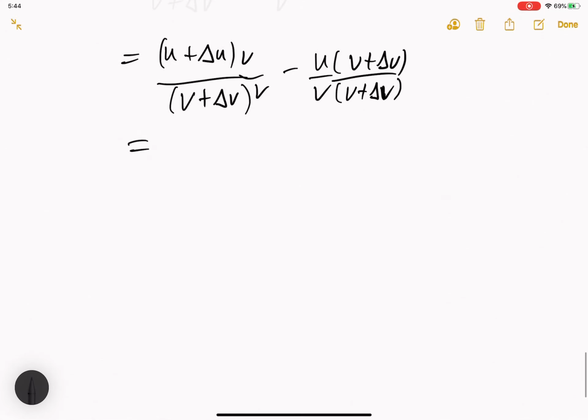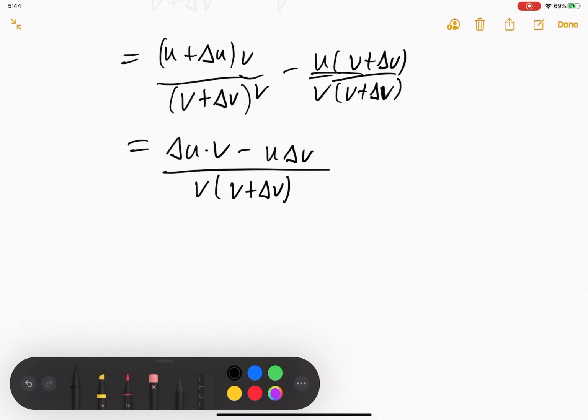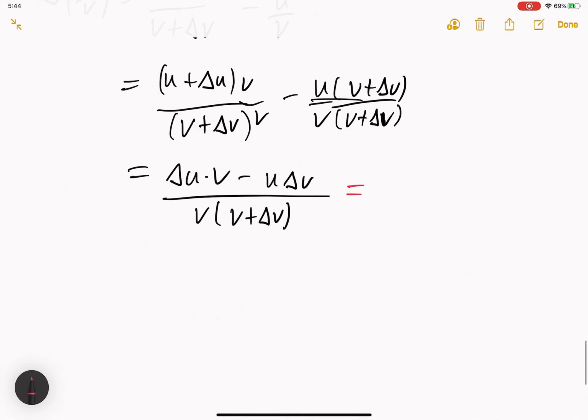Let's go ahead and simplify. You can verify this yourself if you like, but these u v's will cancel. So what we get is delta u times v minus u times delta v, divided by v times v plus delta v. This is basically the simplified version of u divided by v as much as we want.